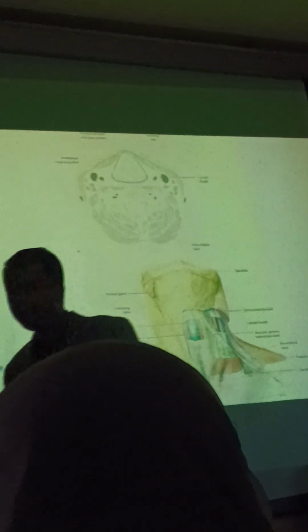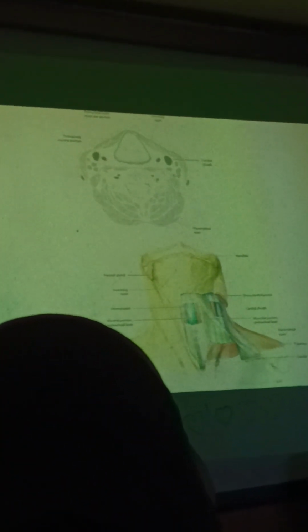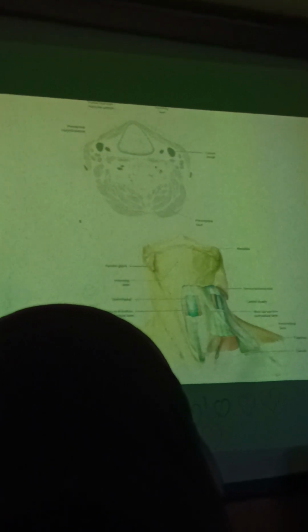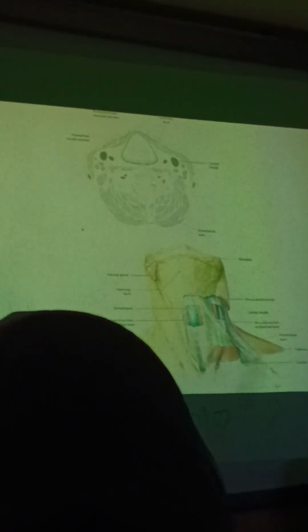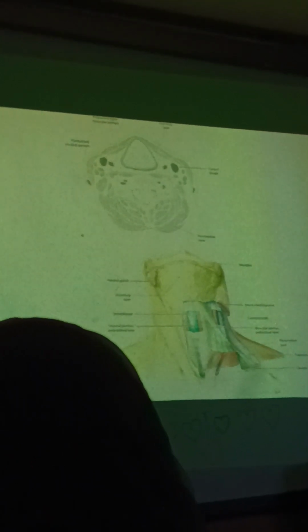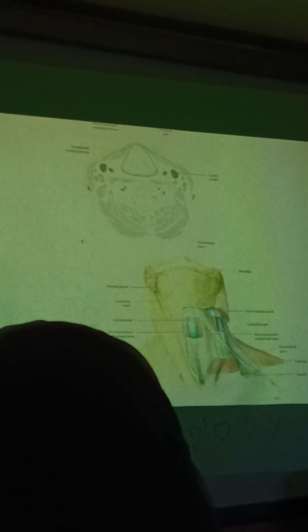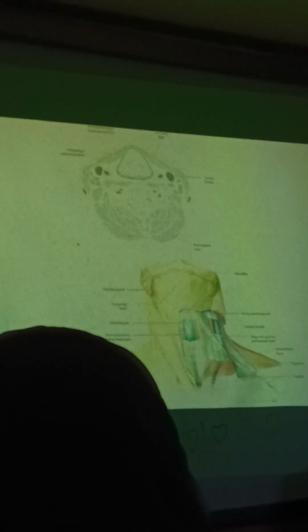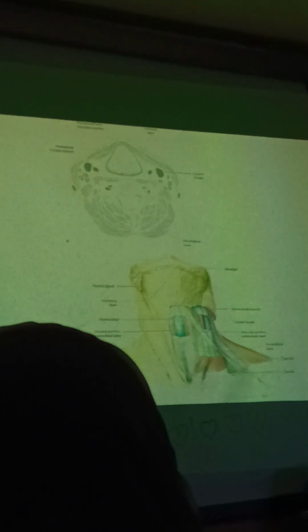What about the deep fascia? See here. What do you think about this slide, about this fascia? It is the deep fascia of the neck. The deep fascia in every part of the body covers the muscle and is located deep to the superficial fascia.